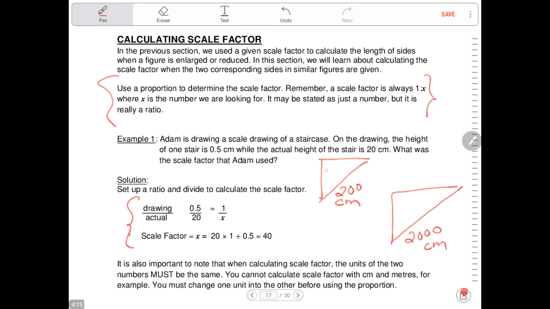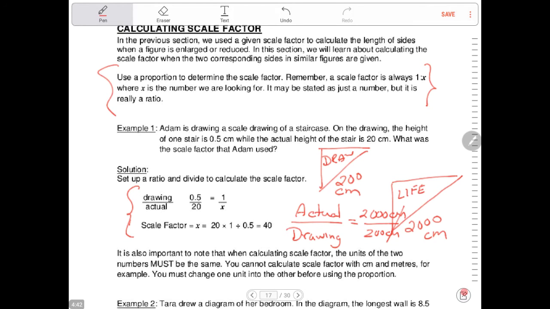What I always do is, this is my drawing. This is real life, or actual. And so what I always do is I say it's actual divided by drawing. And if you do that in this case, you would go 2,000 centimeters divided by 200 centimeters. And at the end, you will not have any units because the centimeters cancel out.